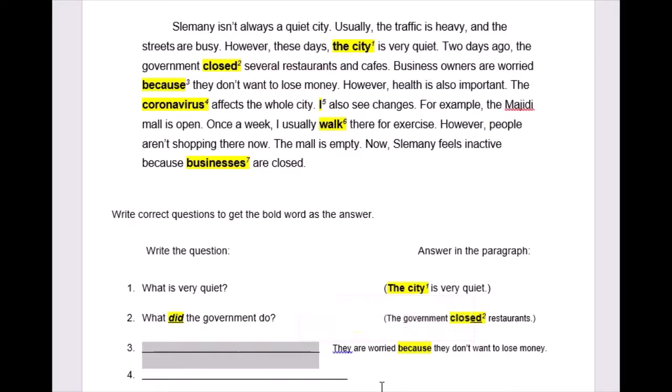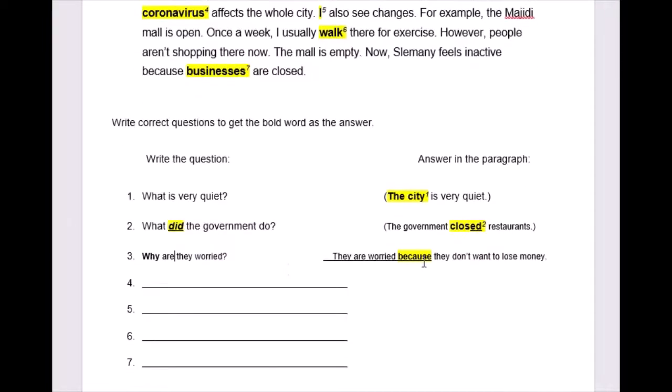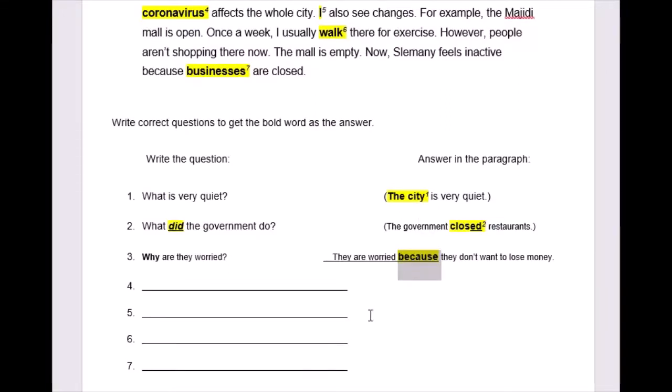So I want to say the answer is they are worried because. So my question is, I want for the reason why, are they worried? Okay. And there we go. So good job if you got that right. That's not easy.